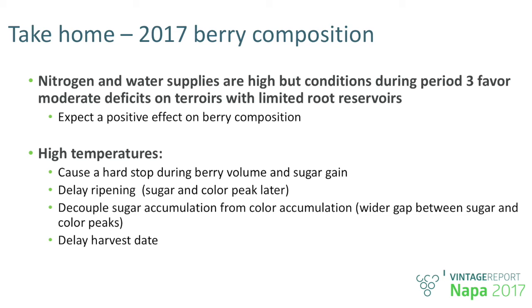And for those of you who have tracked berry volume, you may remember this stop while everything was flying nicely. Will delay ripening, whether we speak about sugar peak or color peak. Decouple sugar accumulation from color accumulation, as I have just shown, you see. A wider gap is occurring between the peak of color and the peak of sugar. And the consequence from that is that it delays naturally harvest date.